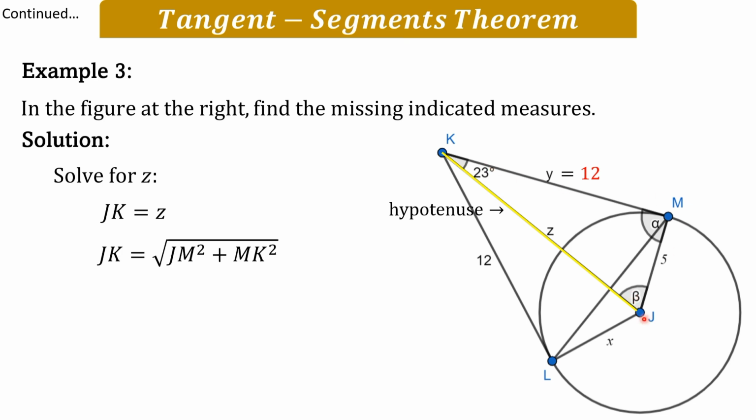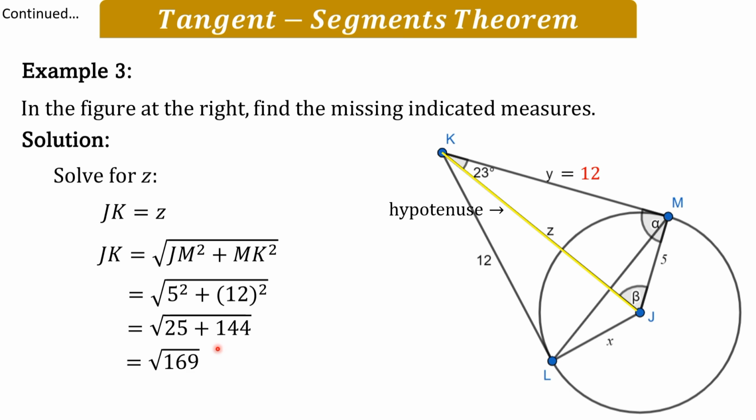By applying the Pythagorean theorem, JK is equal to the square root of JM squared plus MK squared, which is 5 squared plus 12 squared, equals the square root of 25 plus 144, which is the square root of 169. Therefore, the length of JK is equal to 13 units.